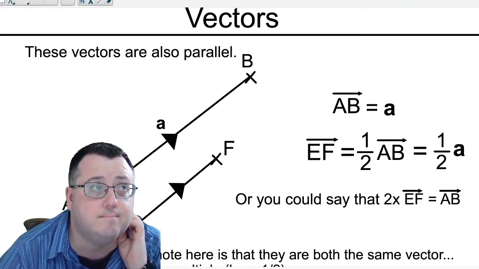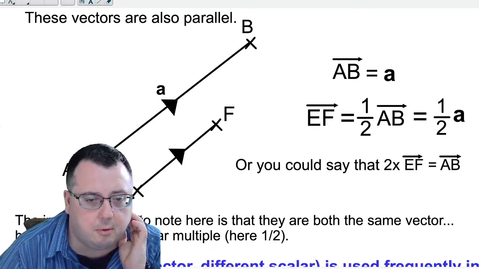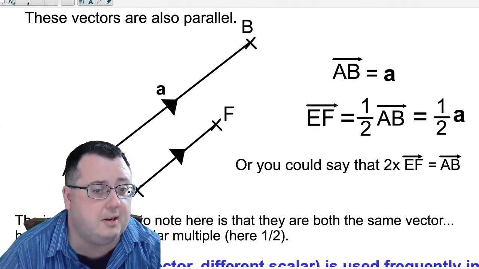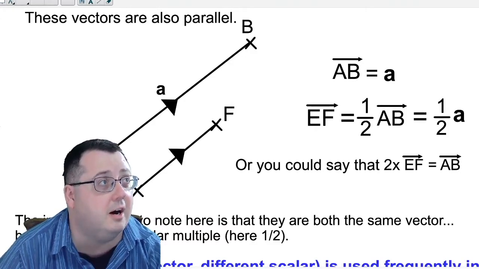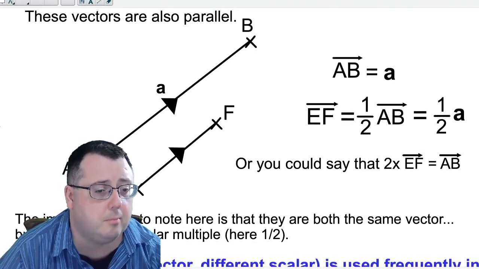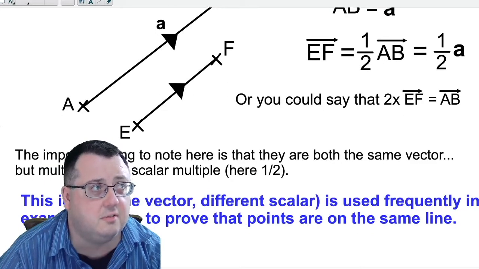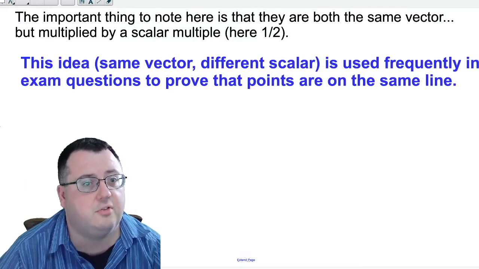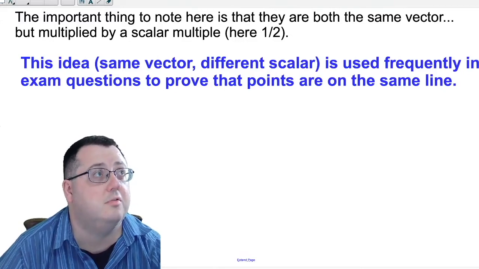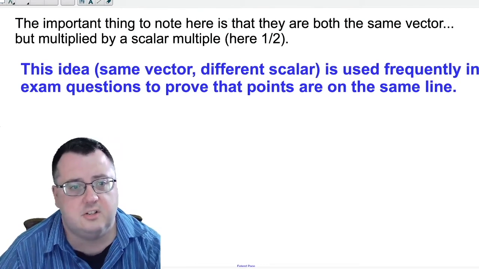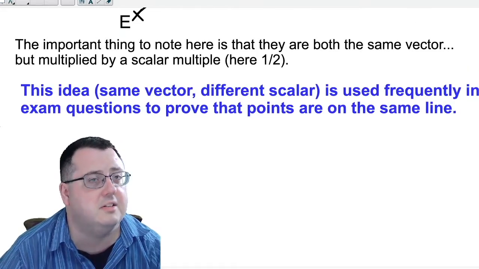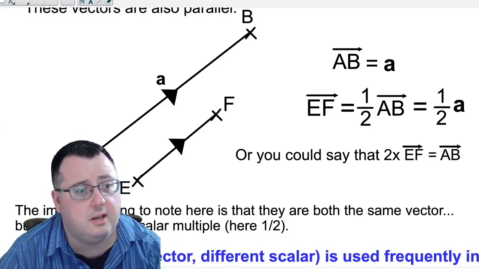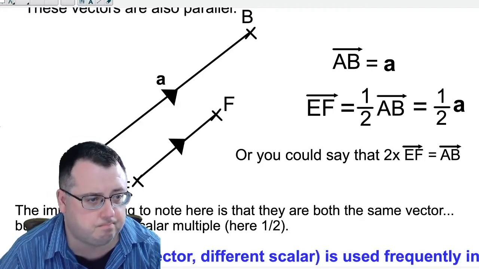So the important thing to note here is that they are both the same vector, but are multiplied by a scalar multiple, here of a half. This idea of same vector, different scalar is used frequently in exam questions to prove that points are on the same line. So it's a really important thing that you understand that.